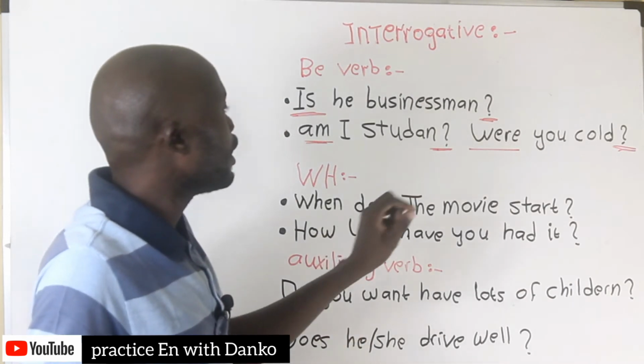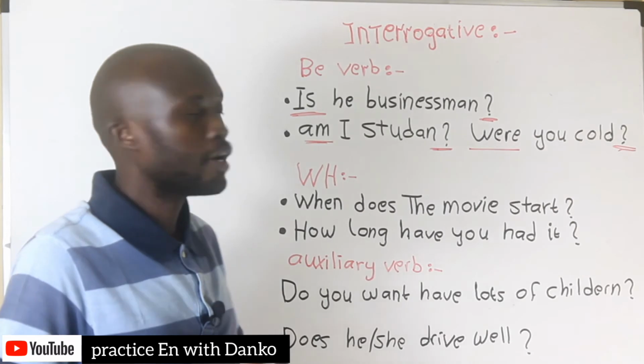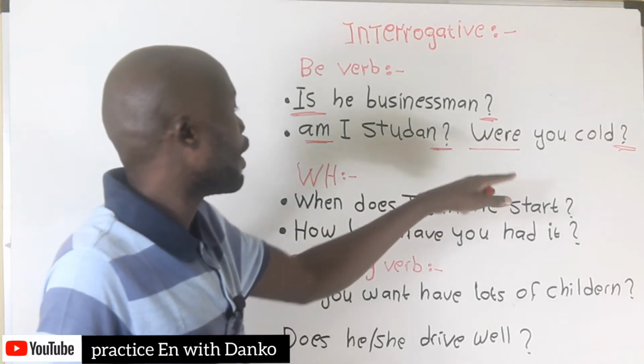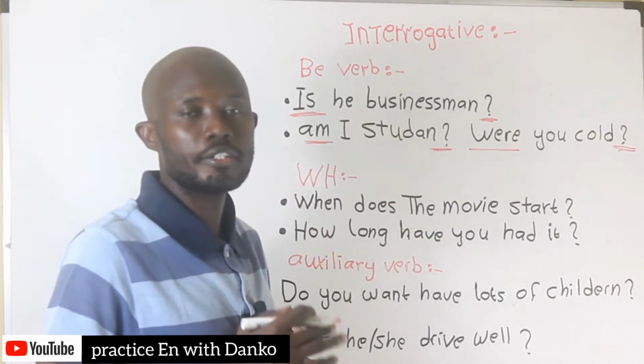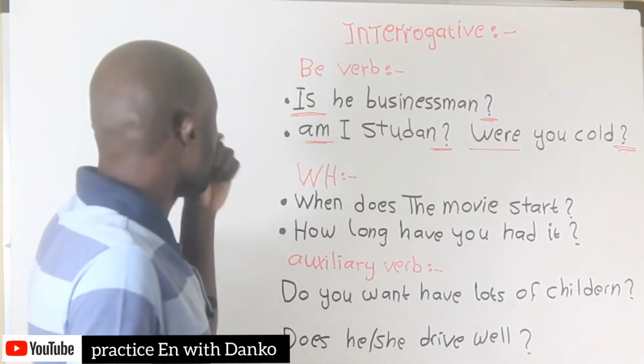Here we use the past form, or past sentences. Were is the past of are, it is a be verb. Good. That is the first one.